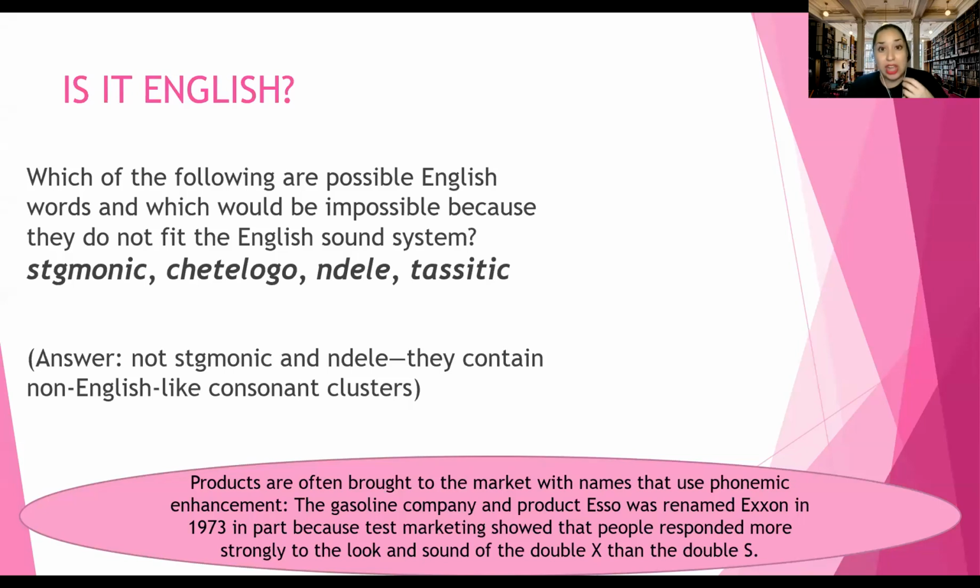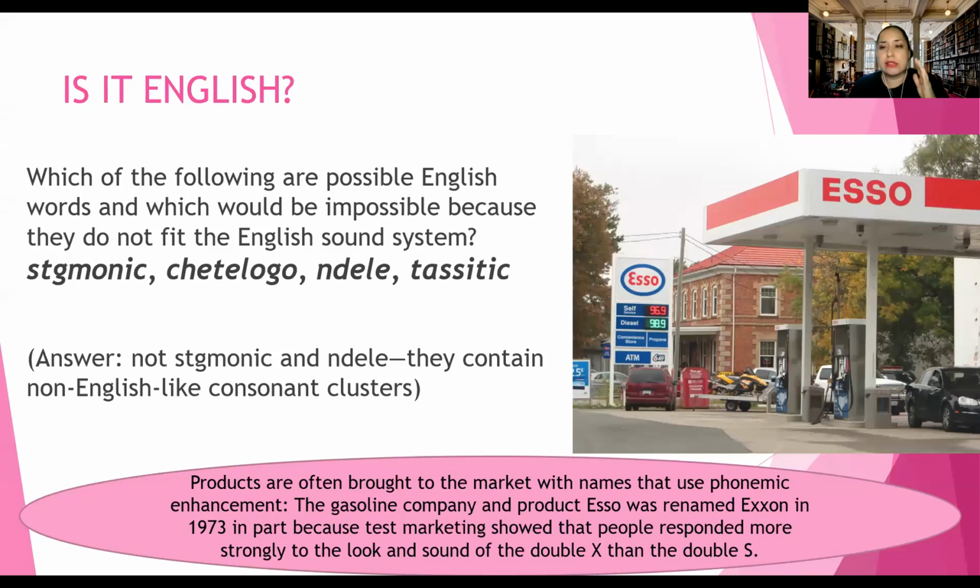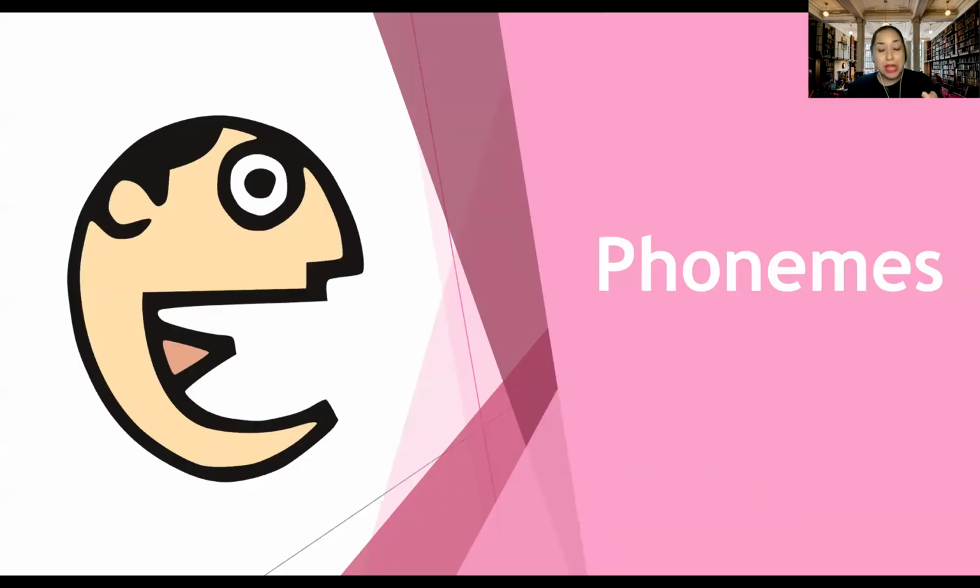So it used to look like Esso, and then it ended up being Exxon. Interesting. Changes that people make because of the language. So finally, we're there. Phonemes.